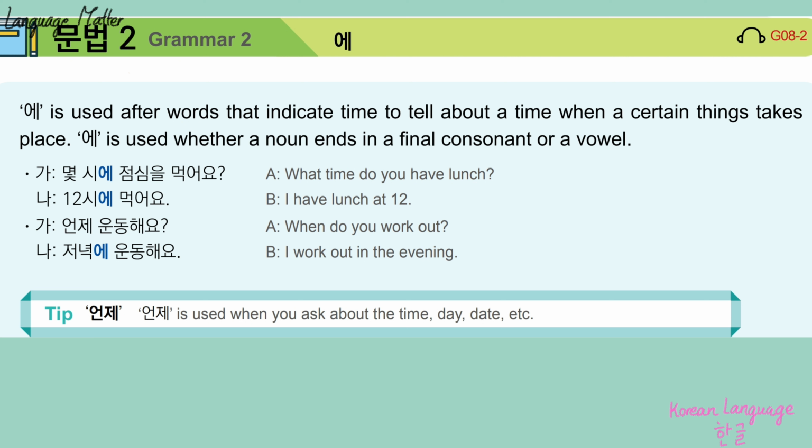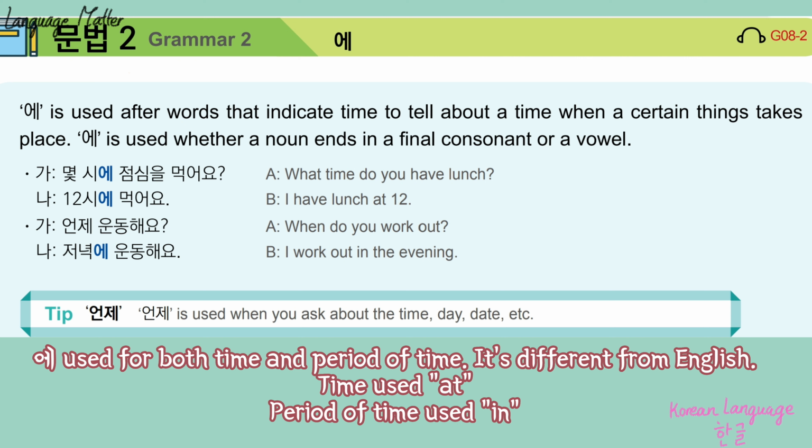Also, with time, we use at for an hour, at 12, but we use in for a period of time, like the morning or the evening. But in Korean, we can say the same word for both, 에.